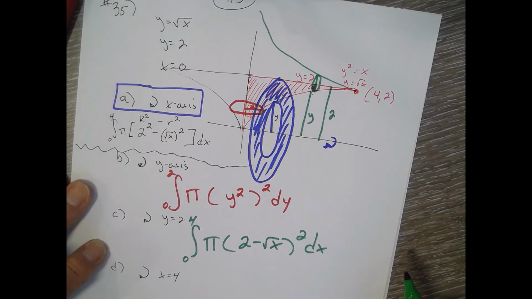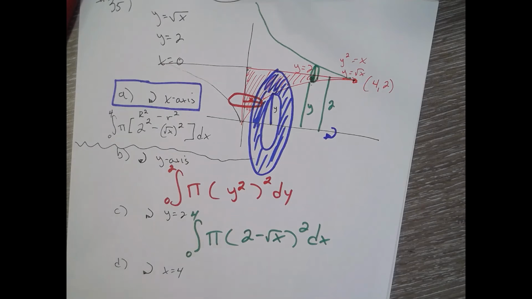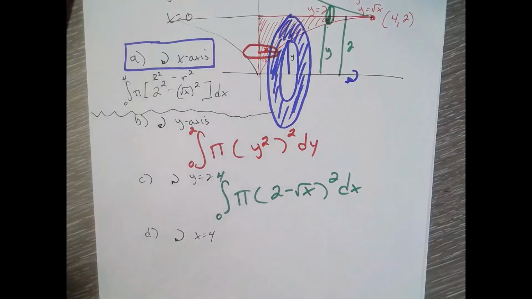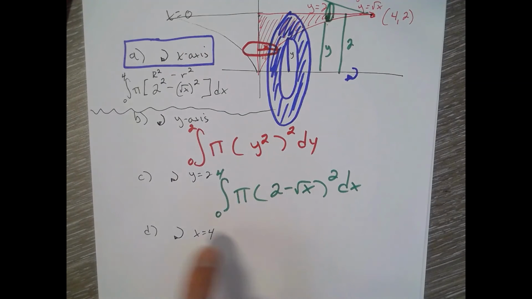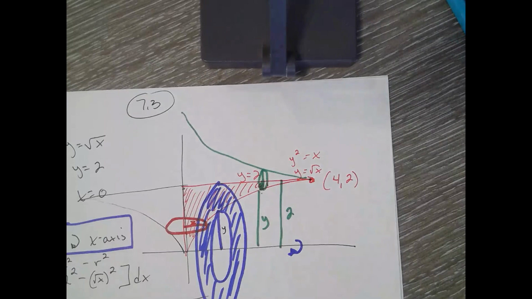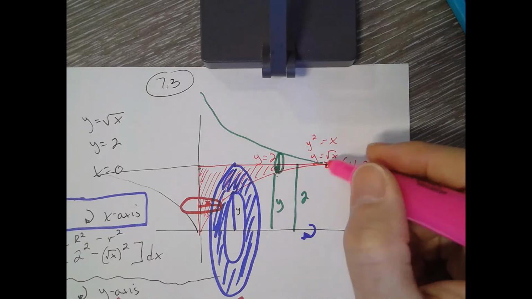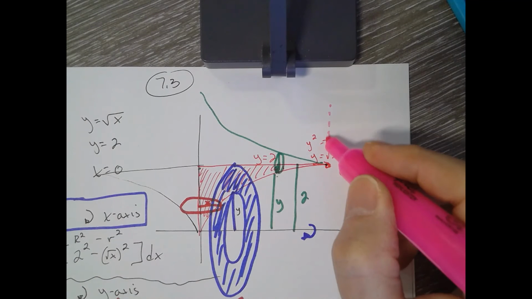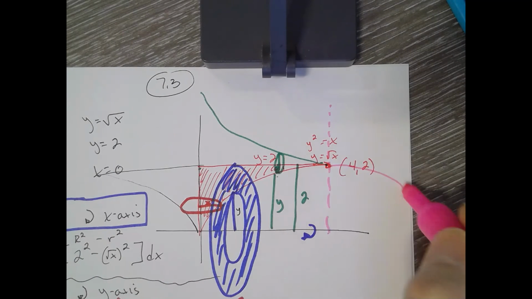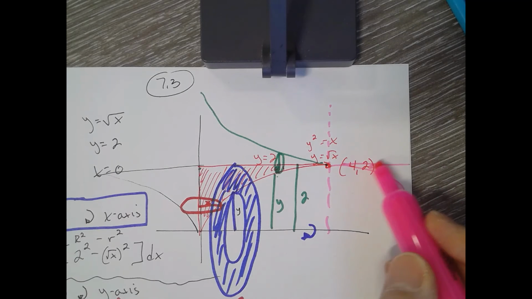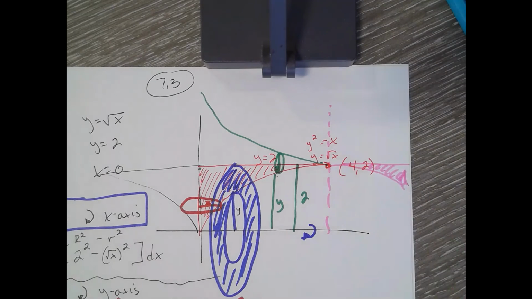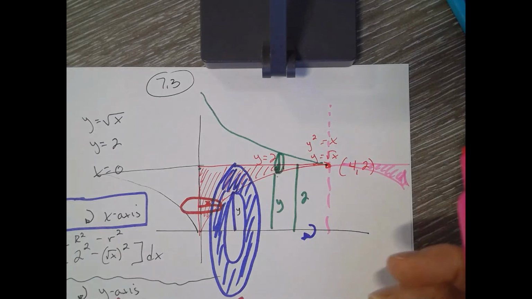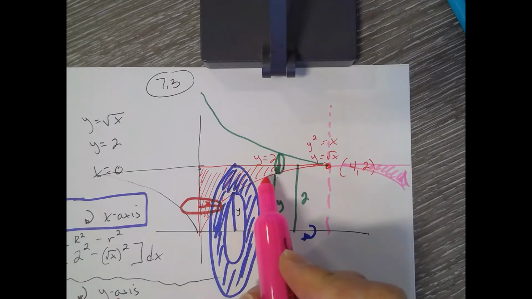And the last scenario, we're going around x equals 4. Alright, so around x equals 4, you can see that here's my axis. It's going to be that kind of shape. So it's going to be a washer.